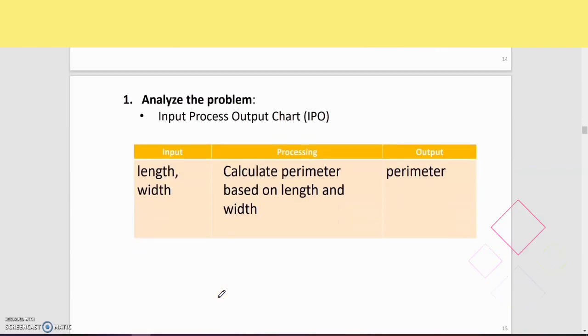First step, if you still remember, you have to identify input, process, output. For the output, perimeter. To get this perimeter, you must use length and width as input. For processing, you can write calculate perimeter based on length and width.